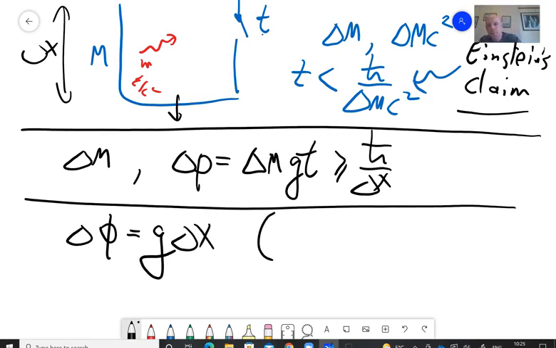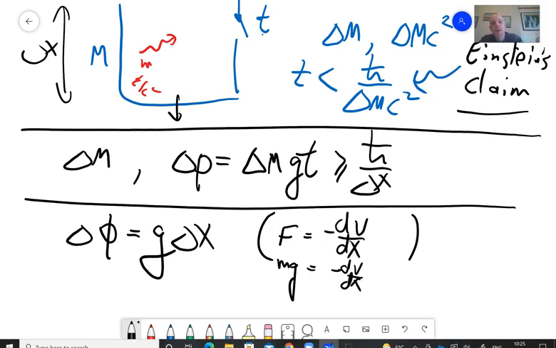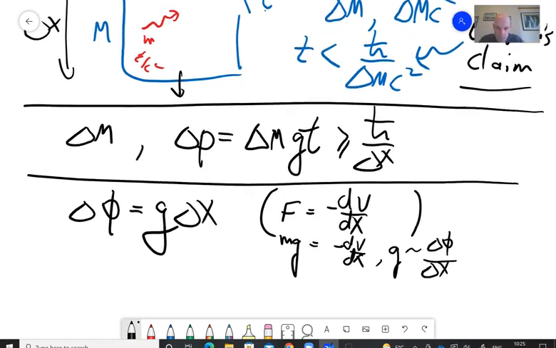This is because force is minus the derivative of the potential with respect to x, then mg is minus dV/dx. And if we define phi as the potential per unit mass, then g is delta phi over delta x.